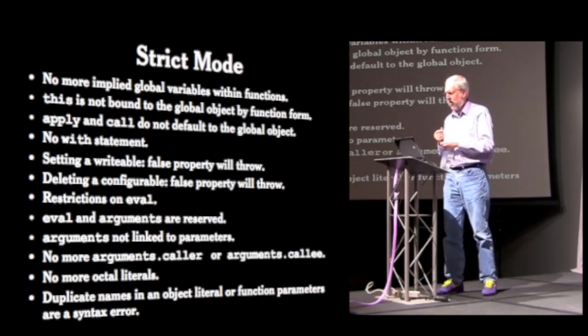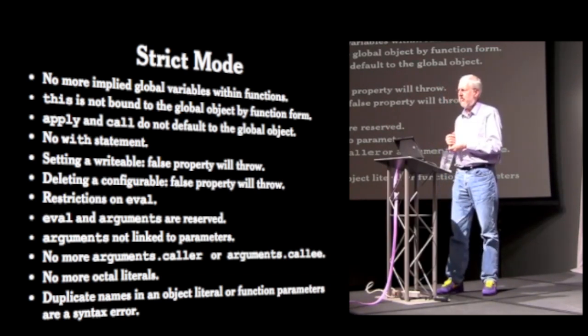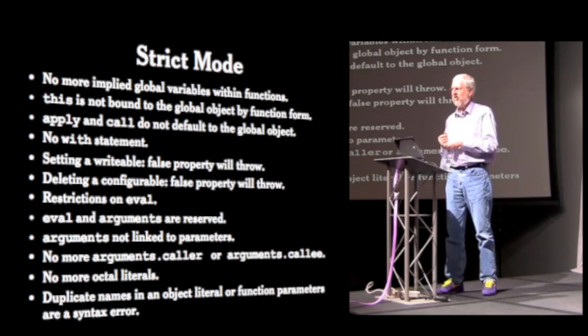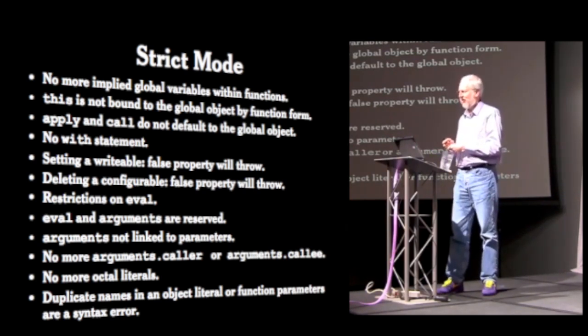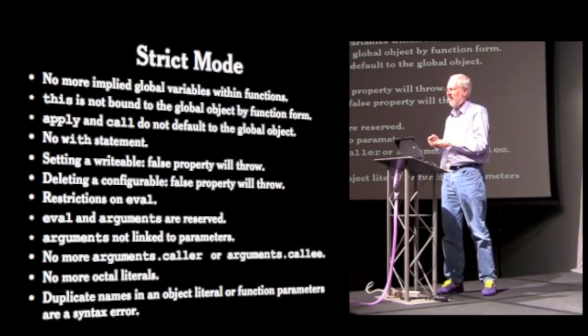There's no more arguments.caller or arguments.callee. This was a bit tricky to specify because the standard never had arguments.caller. So we couldn't delete it from the standard because that wouldn't have any effect. So what the standard does now is it says the implementation in strict mode has to set them to null.